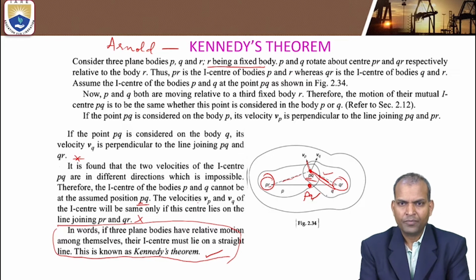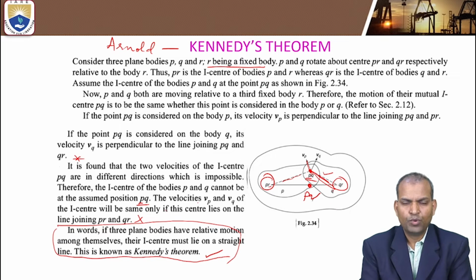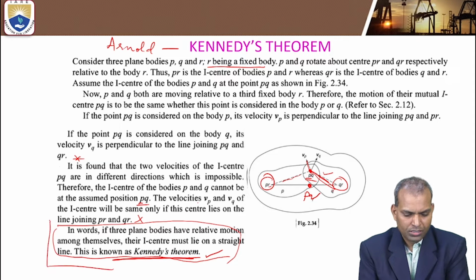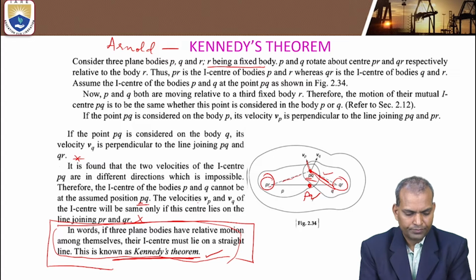Now, what is that meaning? If three plane bodies are having relative motion among themselves, their eye centers must lie on a straight line. This theorem is known as Kennedy's theorem. This portion is the theorem portion.